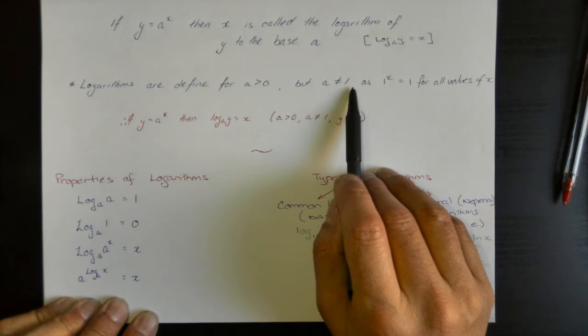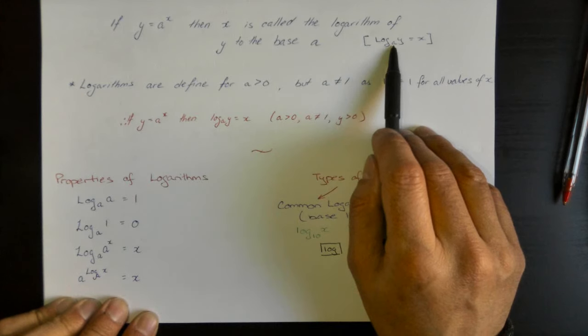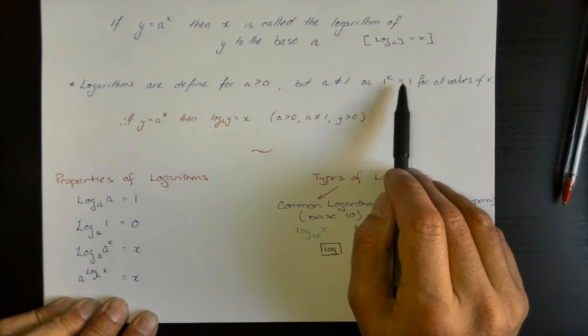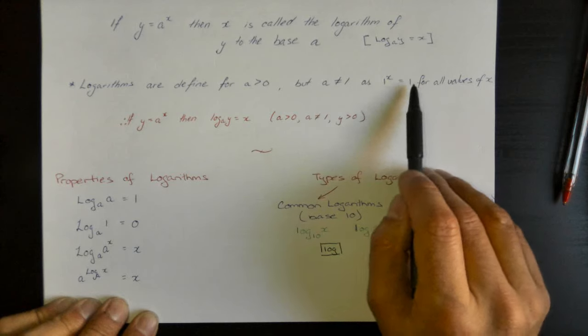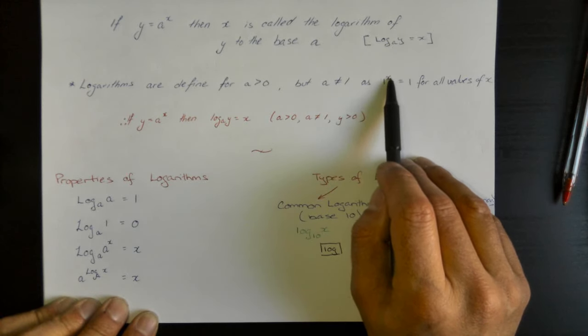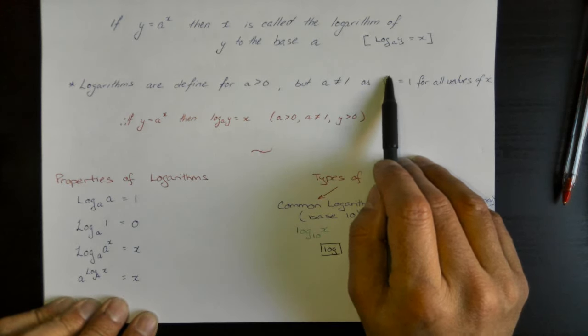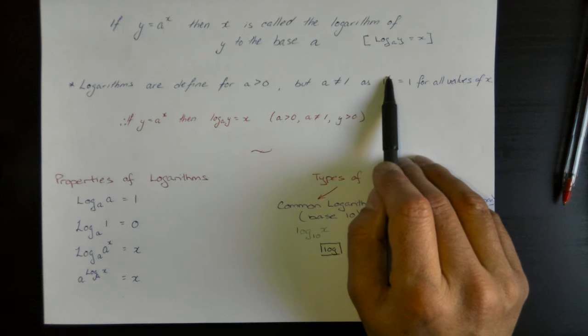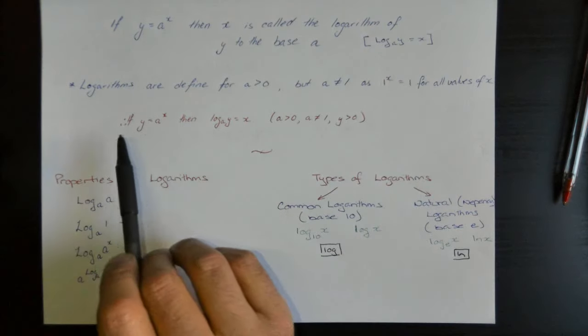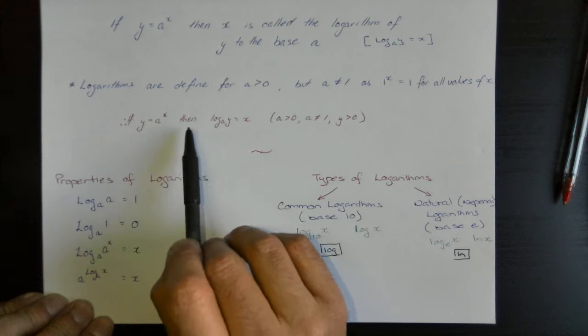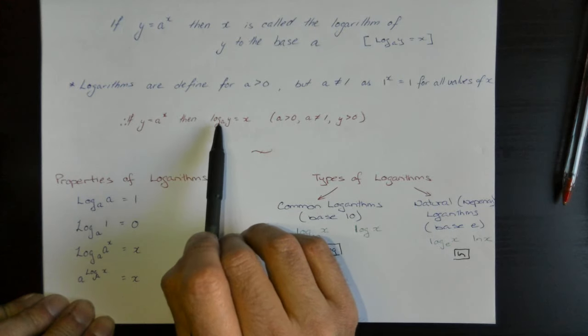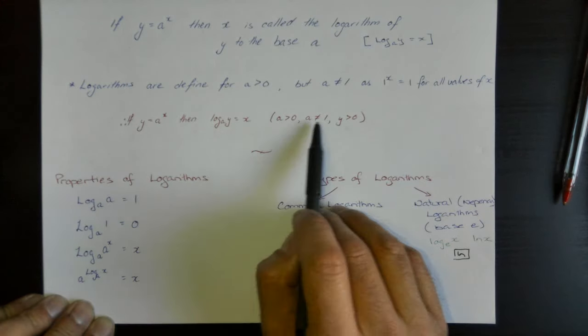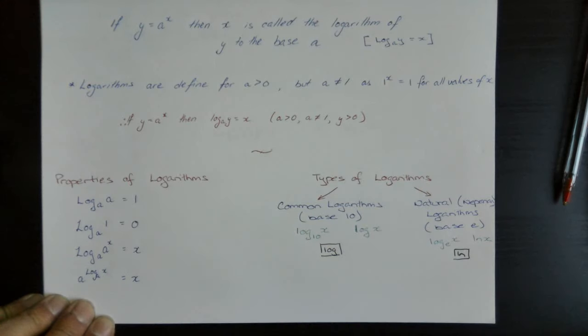If the base was 1, then 1 to the power of x is always 1, so we're always going to get 1. Yeah. So if y equals a to the power of x, then log base a of y is equal to x, where a is greater than 0, a does not equal 1, and y is also greater than 0.